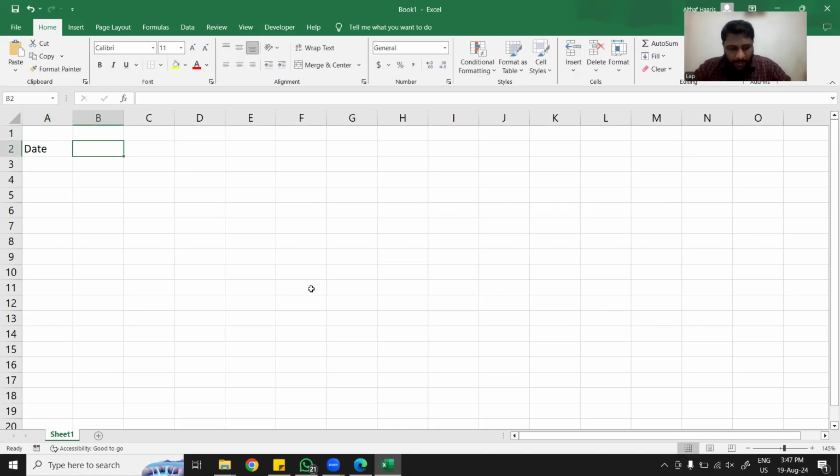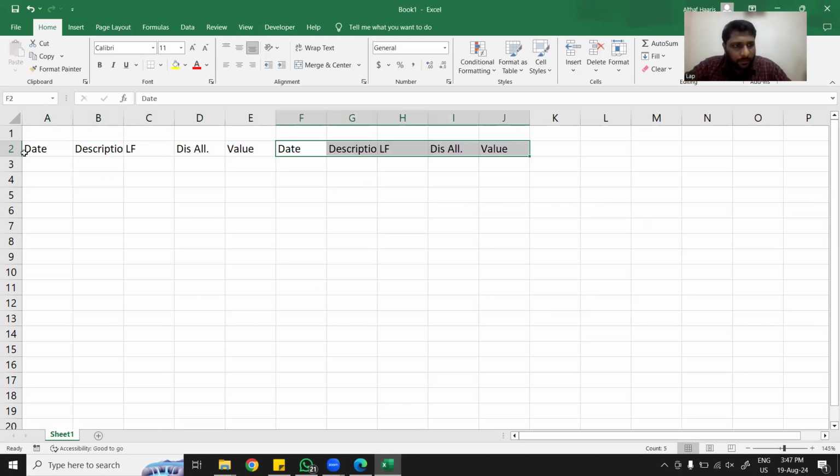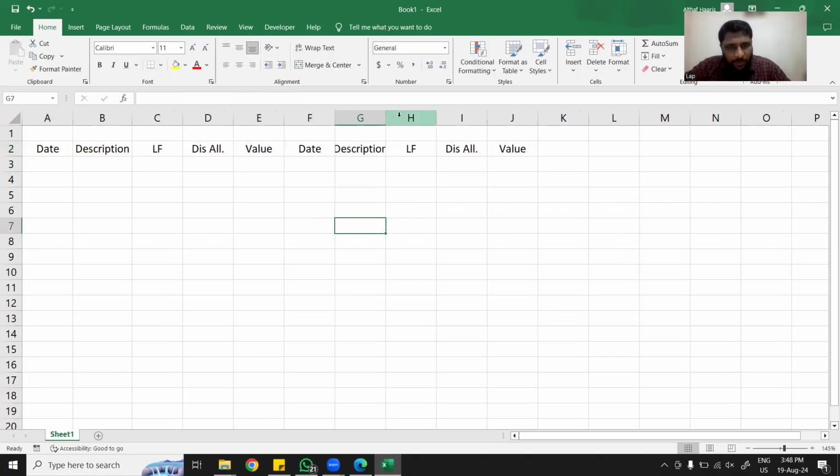Date. Then you have the description. Then you have the ledger folio. Then you have the value or the amount. So we'll take the discount also. Discount allowed and value. Same as the cash book.